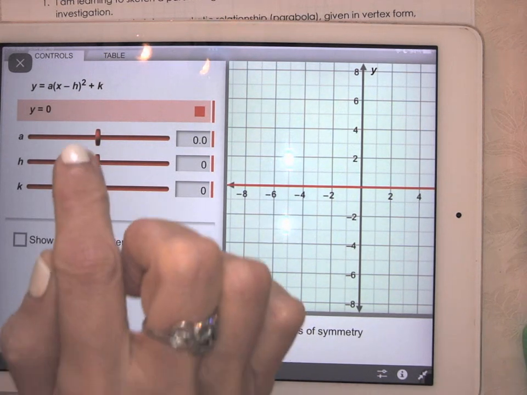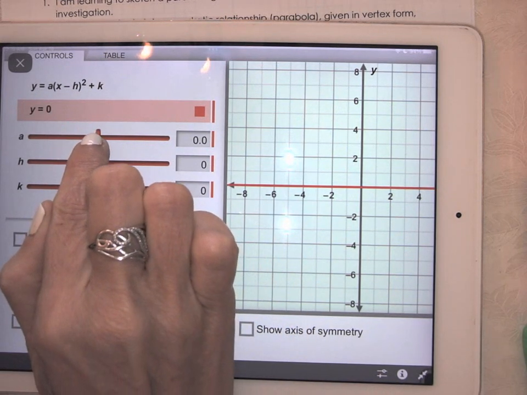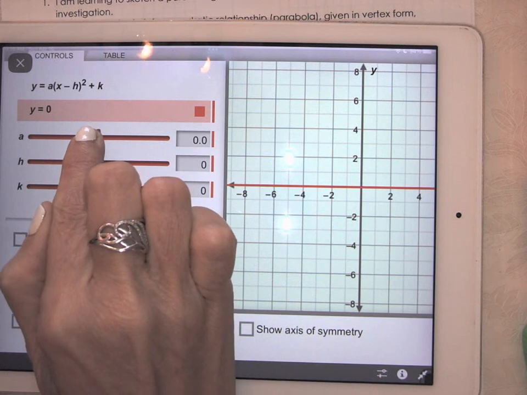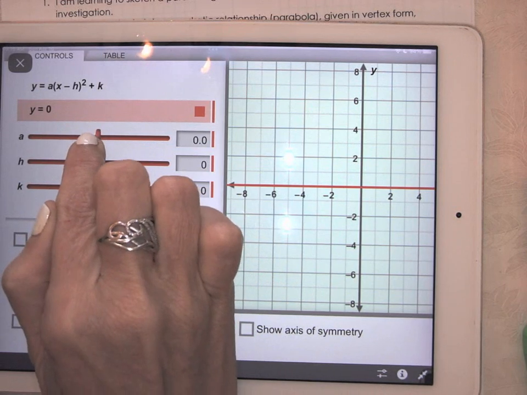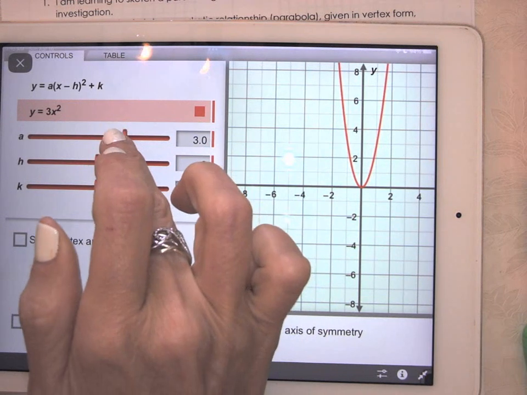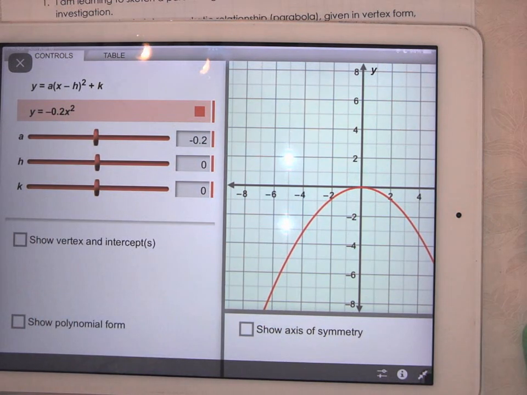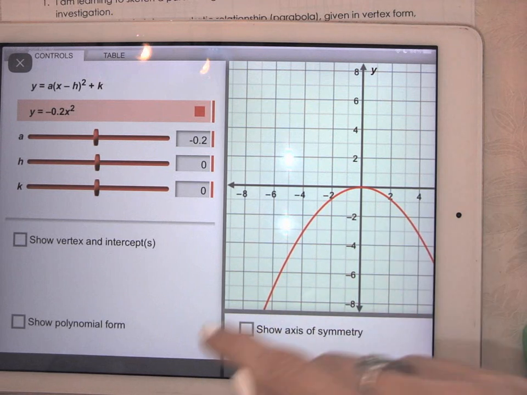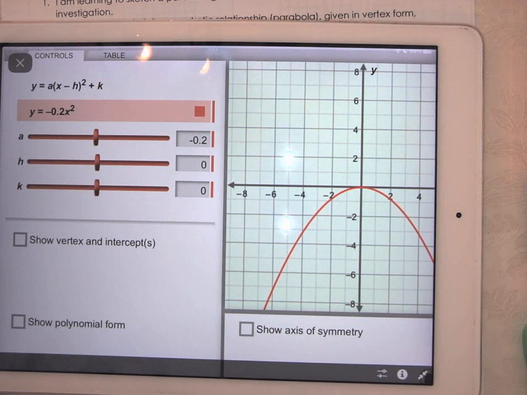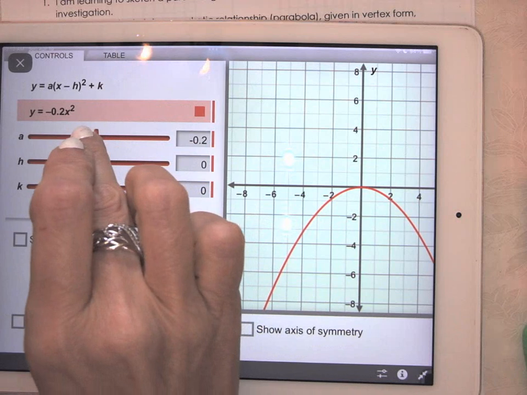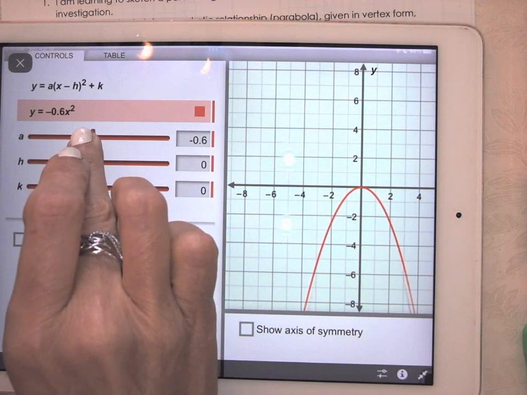But then if we start getting negative, so a little bit negative, moving our a slider, then what happens is if we're in between 0 and -1, we've got our wider upside down parabola. So as soon as a becomes negative, the parabola opens downward instead of opening upward. And if we stick between 0 and -1, we have a wider parabola.